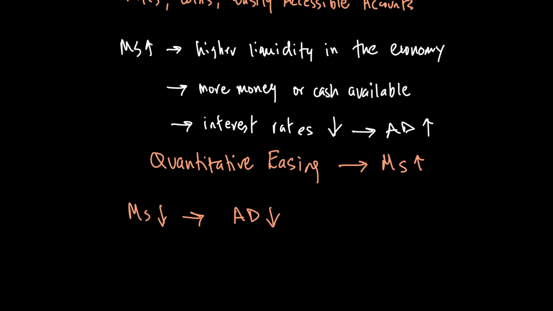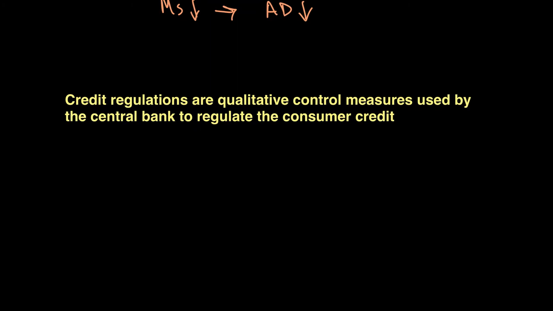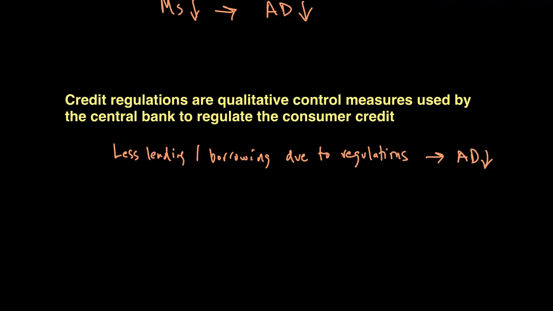Another tool that we'll look at is what we call credit regulation. Credit regulation is simply a qualitative control that the government or central bank may sometimes put on consumer credit, and they make it difficult for people to borrow money, for example, because the higher the regulation, the higher will be the rules and regulation for borrowing, and therefore it will be easier to manage aggregate demand, because when there is less lending or borrowing, automatically people will not have money to spend, and therefore AD may fall.